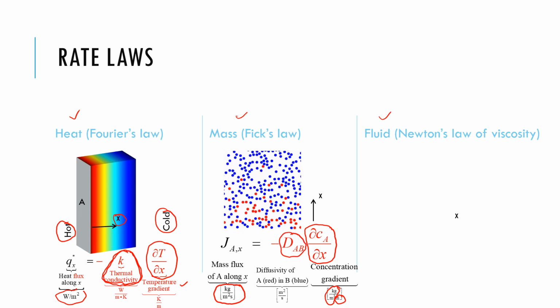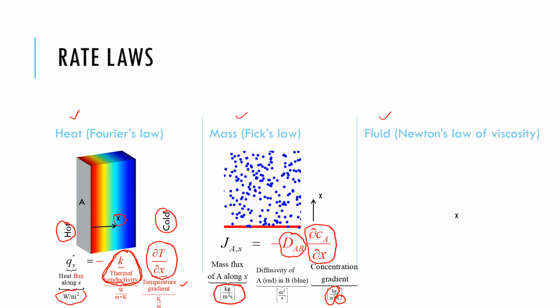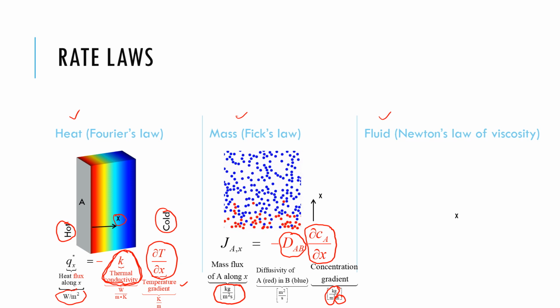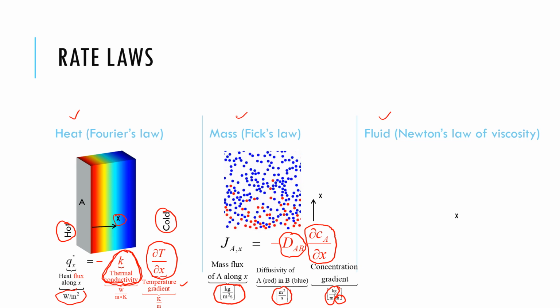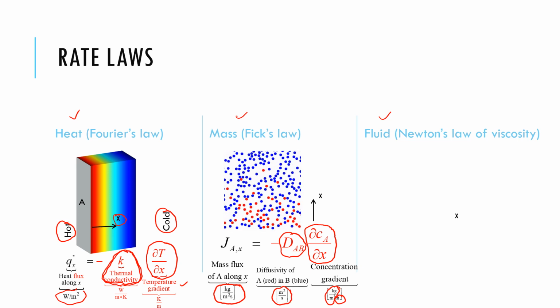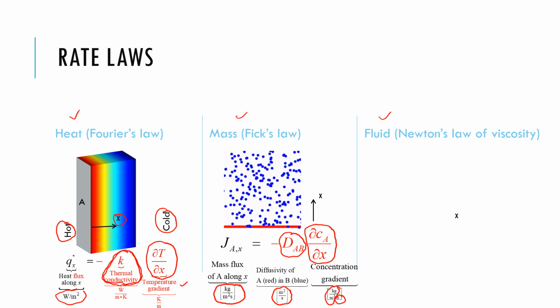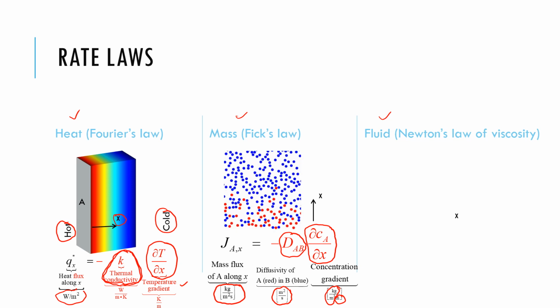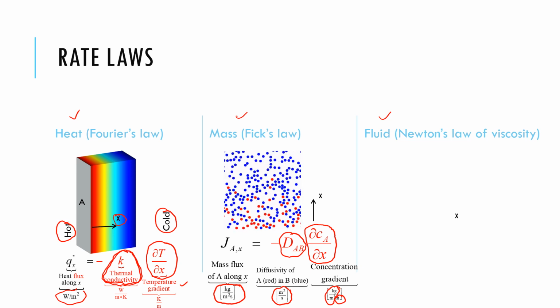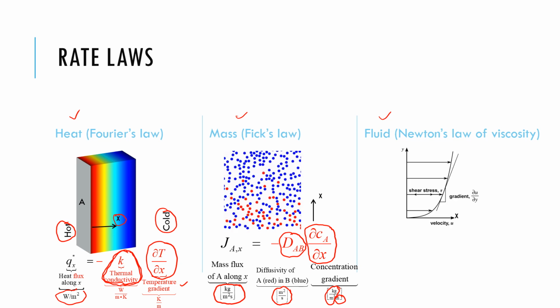Diffusivity in this case is of the red in the blue, and the unit is meter square per second. So this is the form of the rate law for mass diffusion.